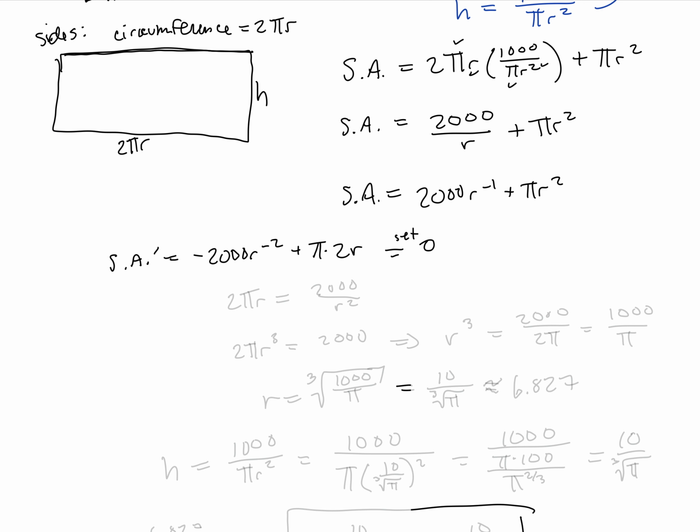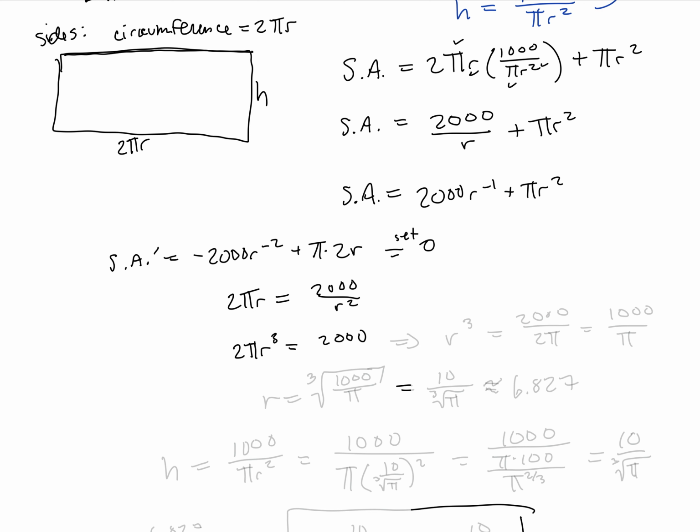And so I can add that 2000 r to the negative 2 over to the other side. 2 pi r is equal to 2000 r to the negative 2, 2000 over r squared. To solve for r, I can multiply both sides by r squared, and I've got 2 pi r cubed equal to 2000.